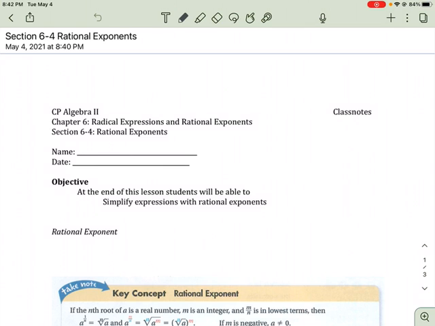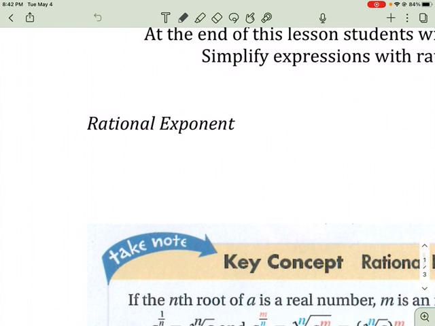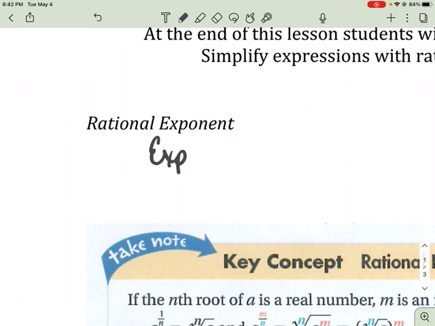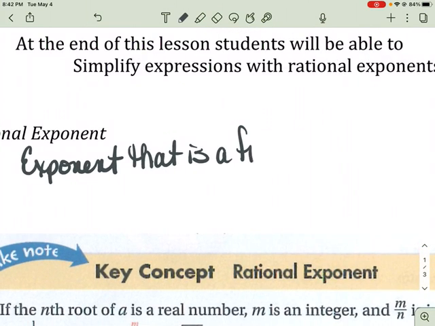Okay, so I guess we better figure out what exactly we mean by rational exponent. A rational exponent is an exponent that's a fraction. So something like 4 and then our power is 1/2.